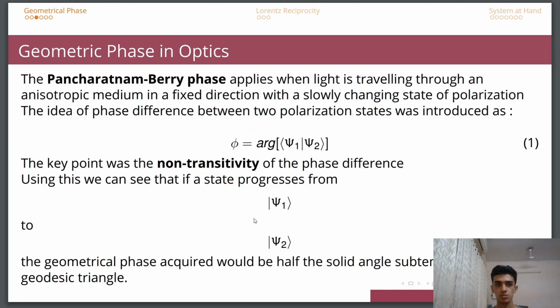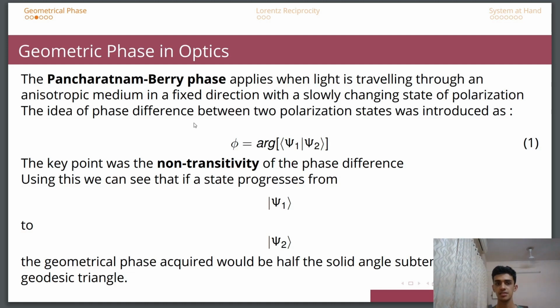So moving on. As I mentioned, we'll be focusing mainly on the Pancharatnam-Berry phase. So we need a way to calculate this phase for arbitrary transitions from one state to another state. Pancharatnam gave this way to calculate the phase difference between two polarization states. Why do I call it polarization states?